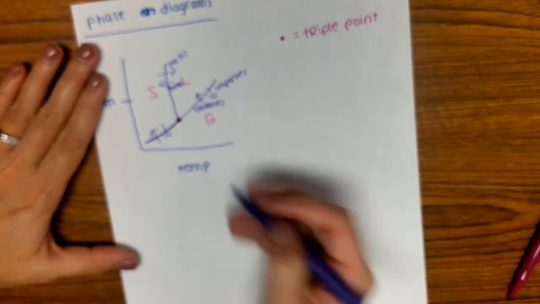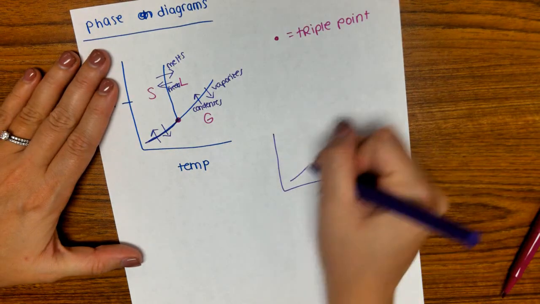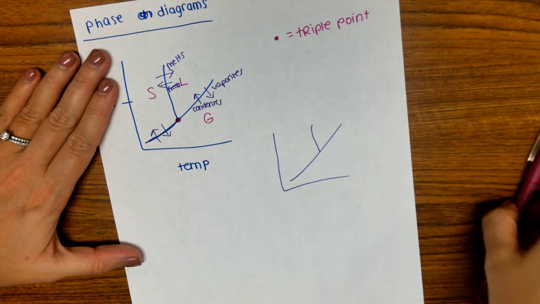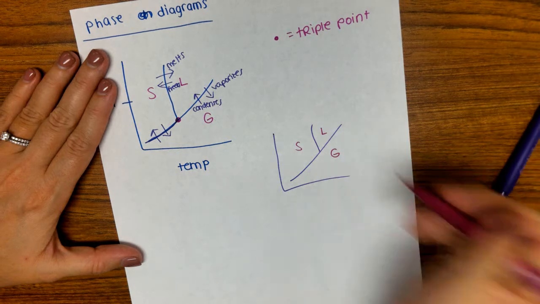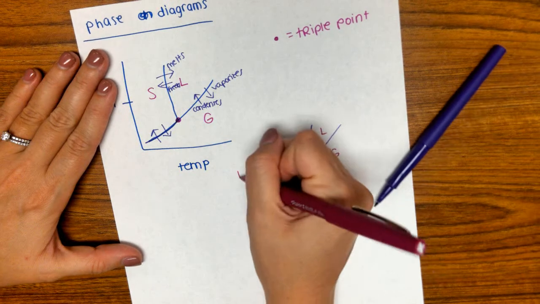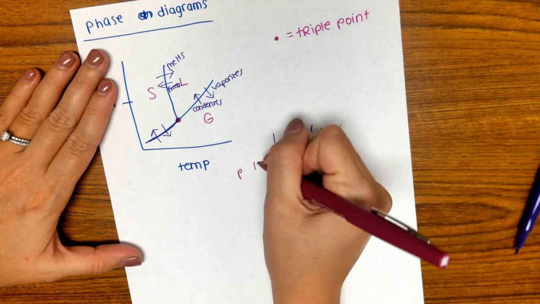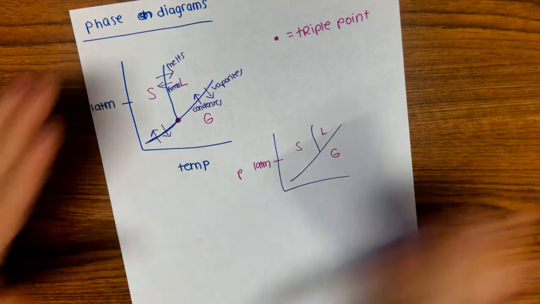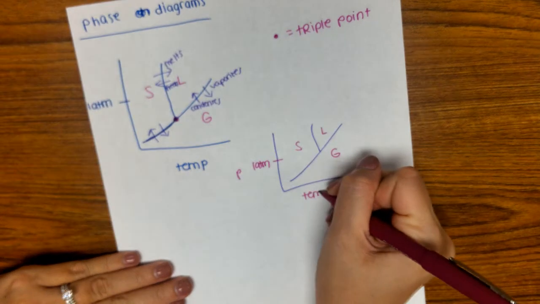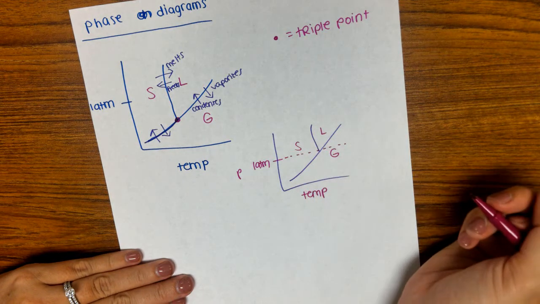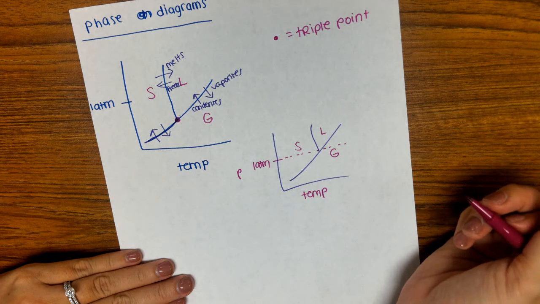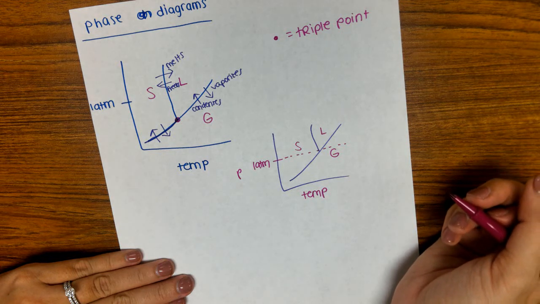And then on a phase diagram, let me just draw another one. At pressure, this is always pressure over here, 1 atm. This is always temp. You can figure out what temperature it will melt and boil at, which I drew a really bad graph.